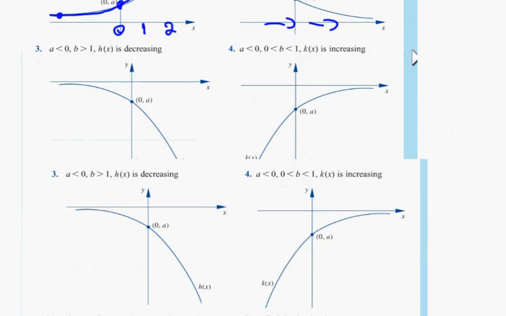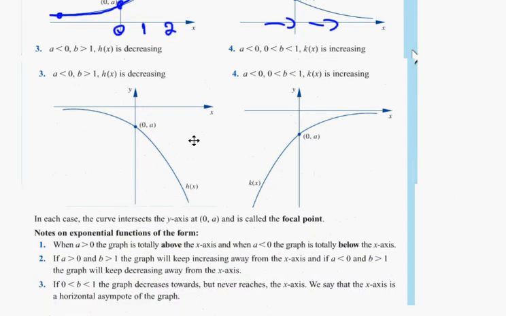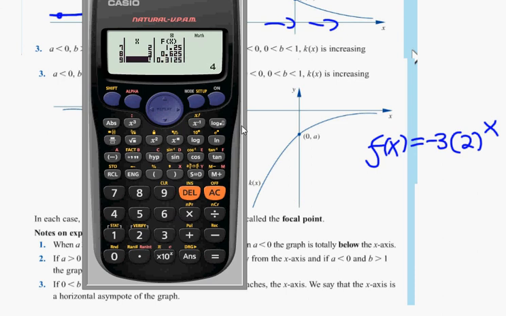The next one, which is number 3, I'll haul up here. When a is smaller than 0 and b is bigger than 1. Example, a is minus 3, b is any number bigger than 1. I'll go for 2. Minus 3 times 2 to the power of x. Now look at this.